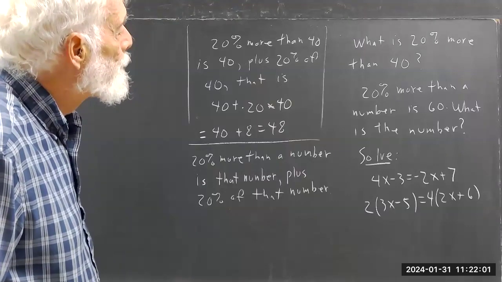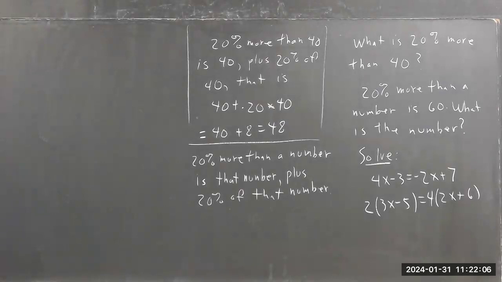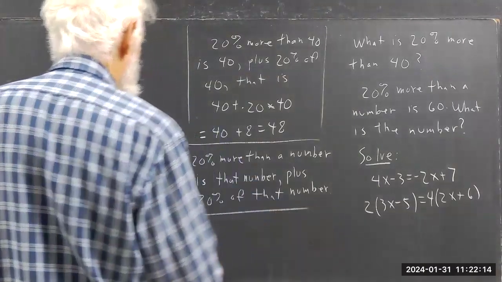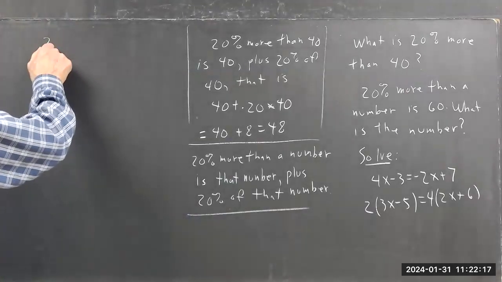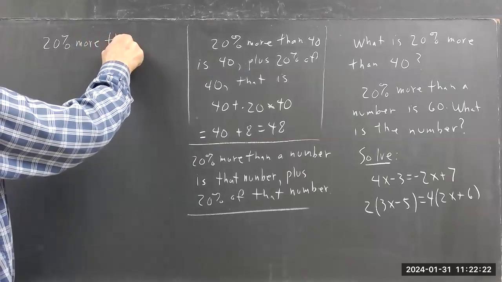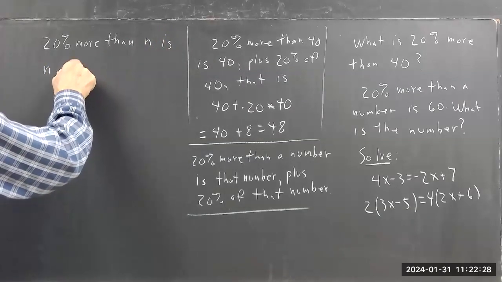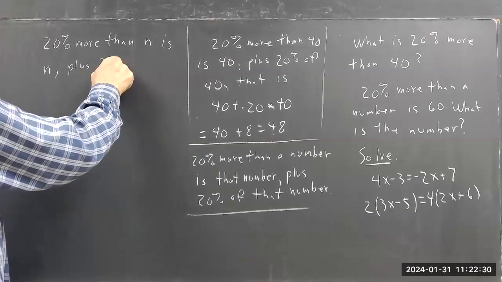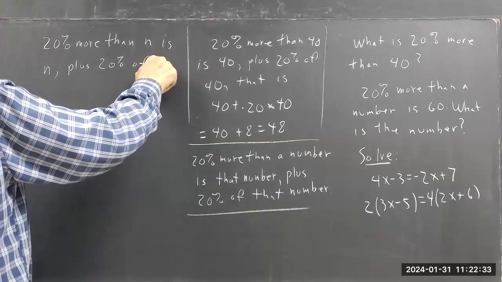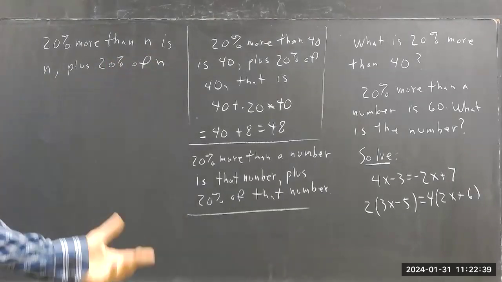Now, I can take that statement a step further and say that 20% more than n is n plus 20% of n.